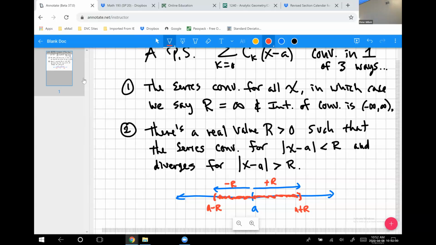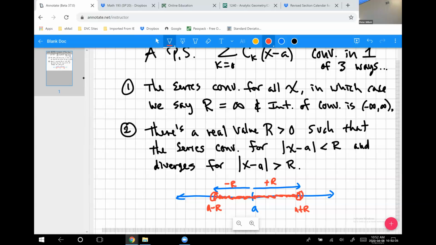Now this doesn't say what happens on the ends. That will change from series to series. We're going to talk about that a little bit later. But as long as you stay within the radius of convergence from the center, it will converge, and if you go beyond that, it diverges. The big reason this is a theorem is that it's the same in both directions.